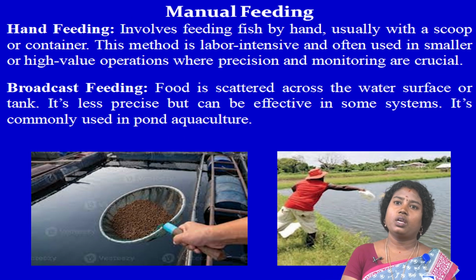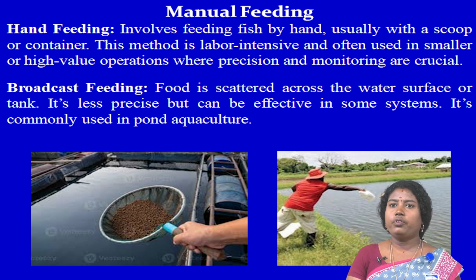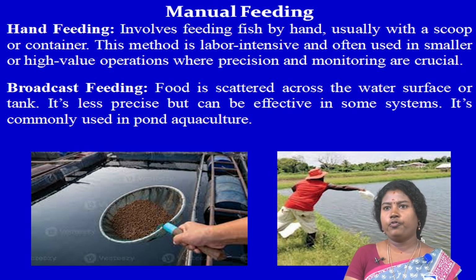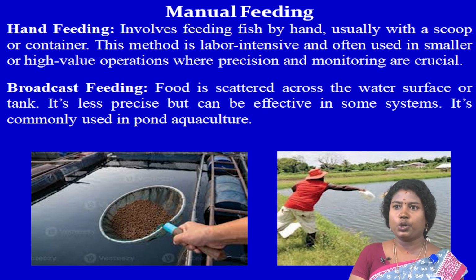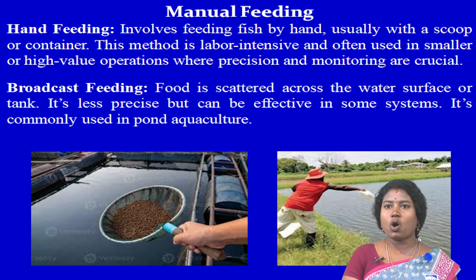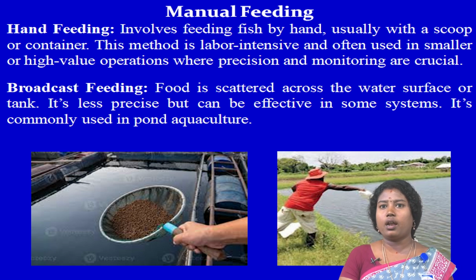Manual feeding, hand feeding: hand feeding involves feeding fish by hand, usually with a scoop or container. This method is labor intensive and often used in smaller or high value operations where precision and monitoring are crucial.